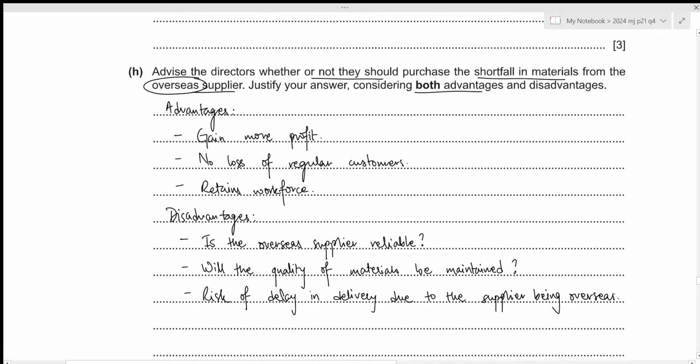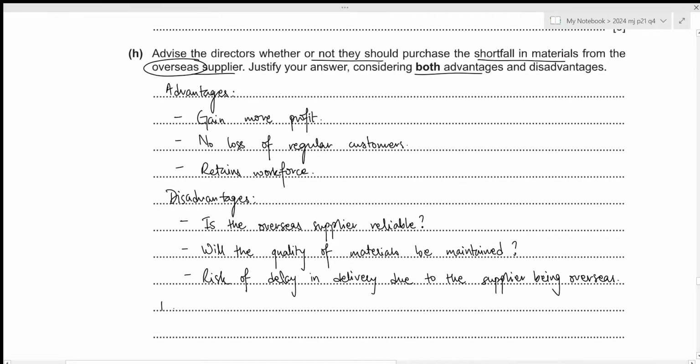Now, based on these factors, we need to make a final decision. Personally, in this case, I would advise the directors not to purchase the shortfall in materials from the overseas suppliers, because there can be currency fluctuations which could increase the prices. That means we might have to bear additional loss as well. Let's write it down.